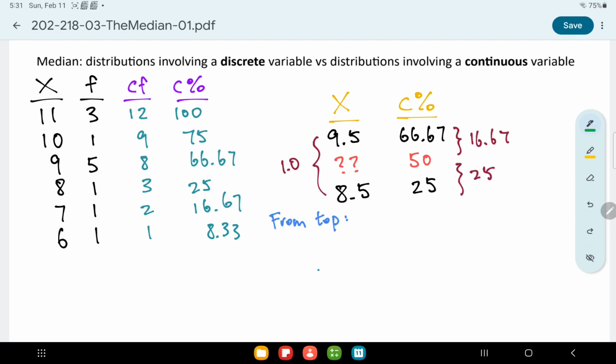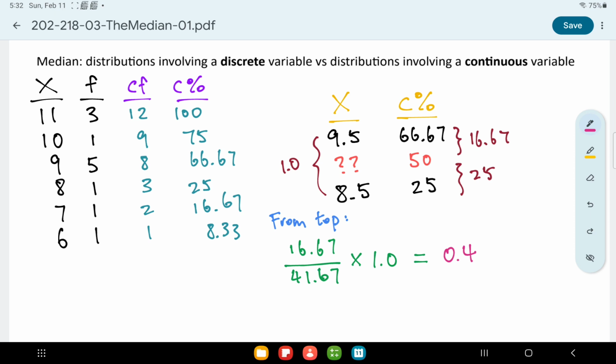And assuming that we've decided to figure out the answer using the top numbers, using 66.67% as well as the score of x equals 9.5 as the starting reference. And if you proceed to complete the analysis, you would see that we need to subtract 0.4 from 9.5.